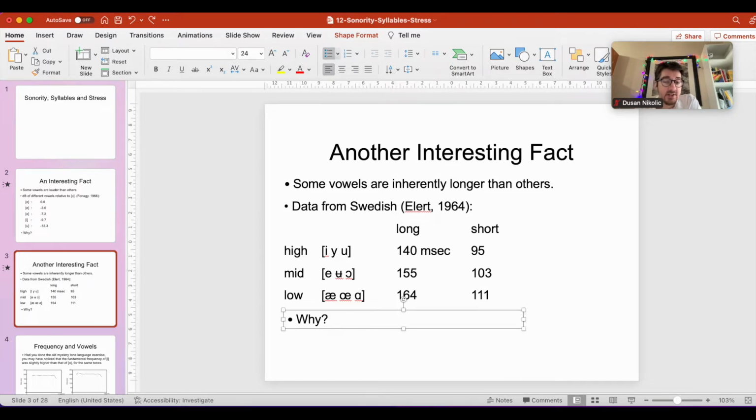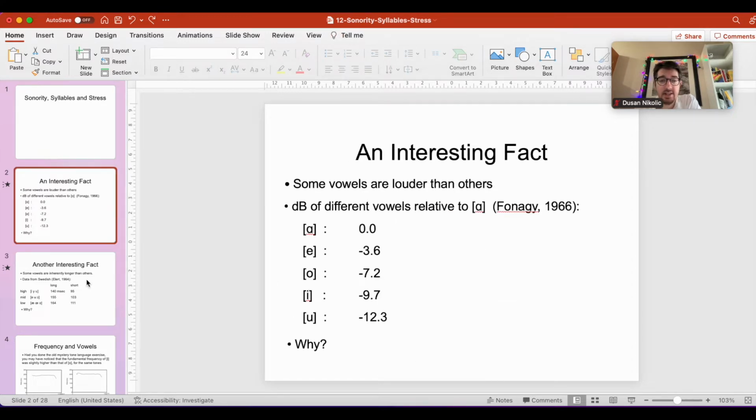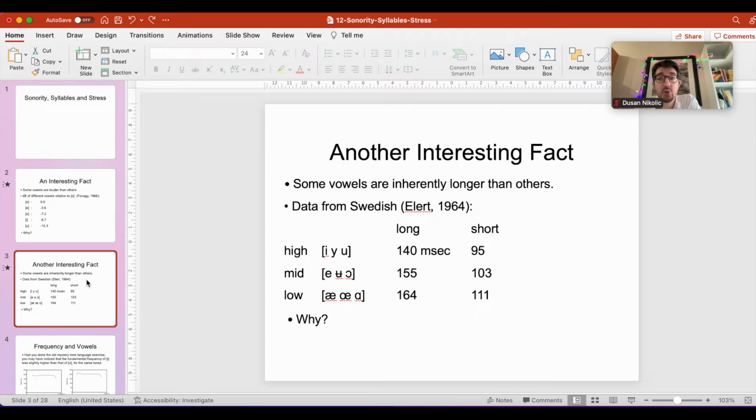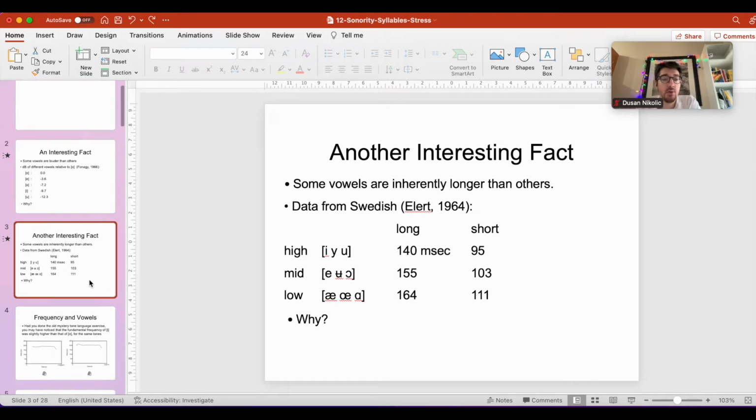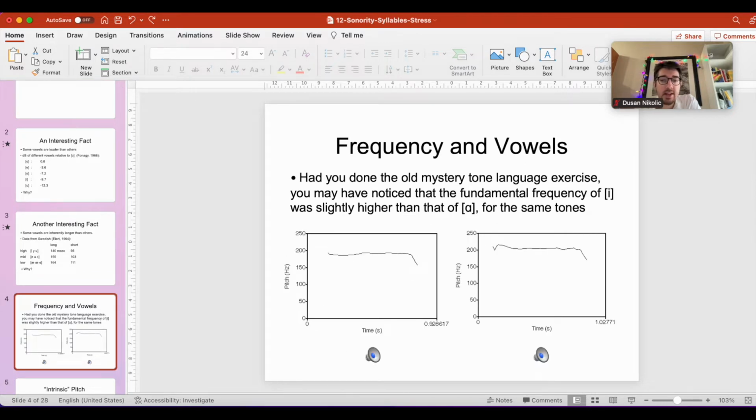So this is the reason, right? Intuitively it is the same as with loudness. The length is also influenced by some intrinsic properties of vowels.